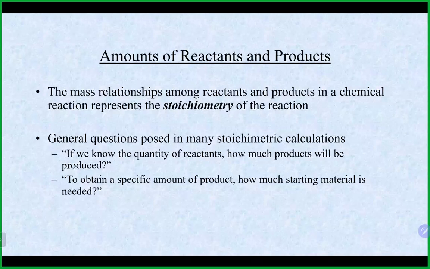So we could do stoichiometry for anybody in the equation. If you just know one piece of information, you can figure out the relationship of everybody else. For example, with this equation we could do stoichiometry from our reactants to our products, and we could also go from our products to our reactants.